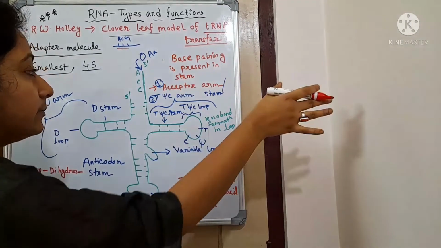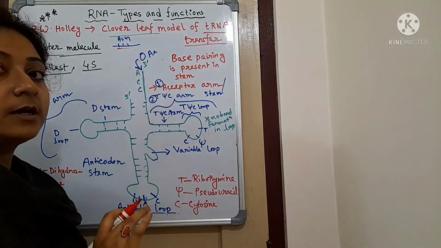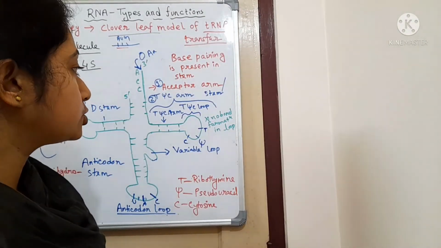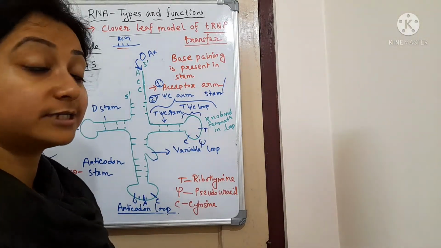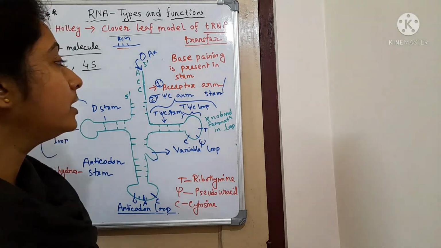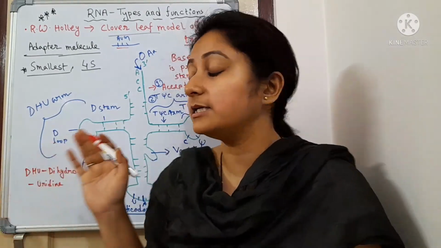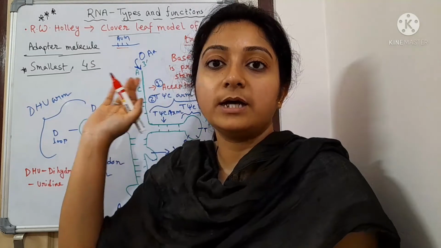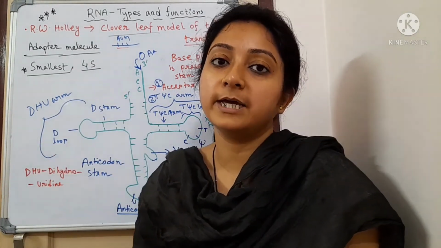Then it will carry the methionine to the AUG site of the mRNA, and then the translation process and protein synthesis mechanism will start. So this is mainly the function of the tRNA: to carry the amino acid to the mRNA for protein synthesis.